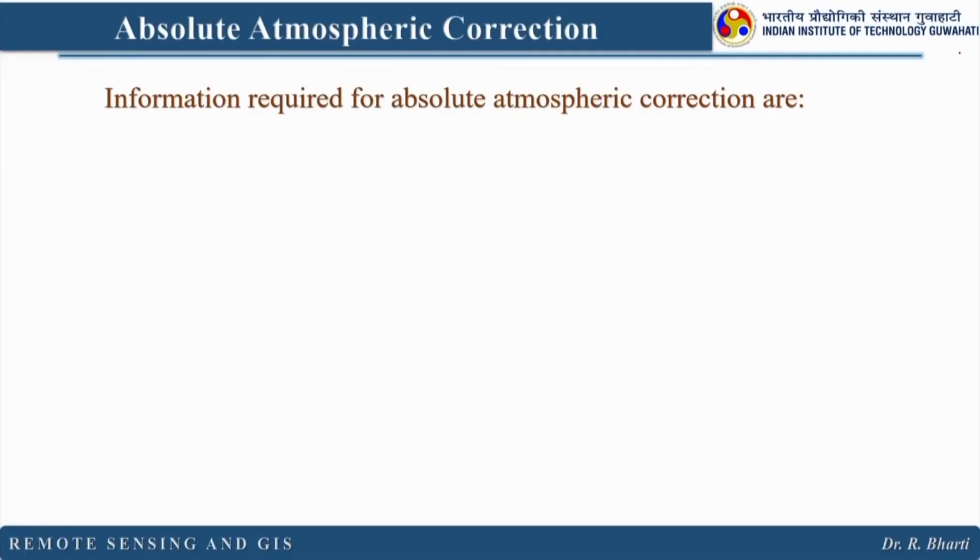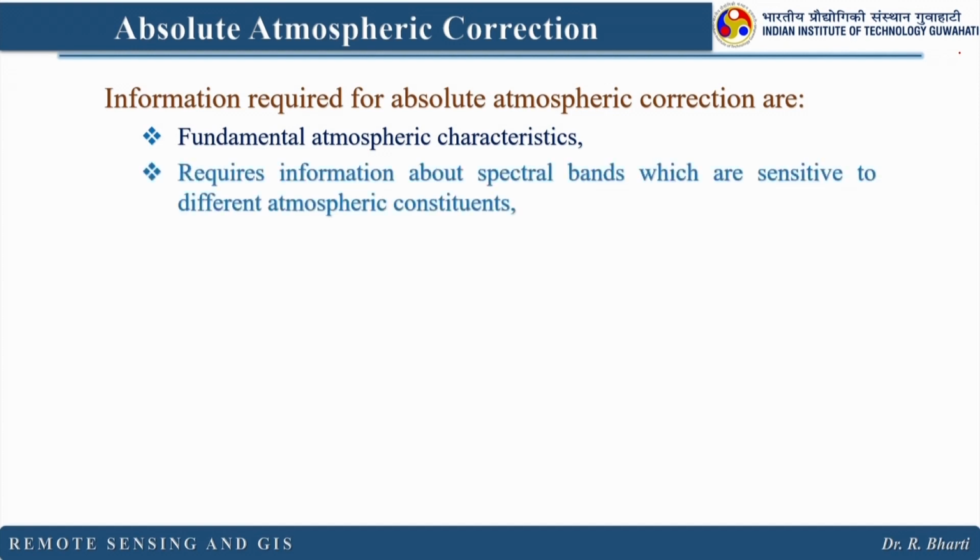Information required for absolute atmospheric correction are the fundamental atmospheric characteristics, because I told you this is an absolute method where you have to model the complete atmosphere, right. So you need to know the fundamental atmospheric characteristics of that particular area. Then it also requires information about spectral bands which are sensitive to different atmospheric constituents.